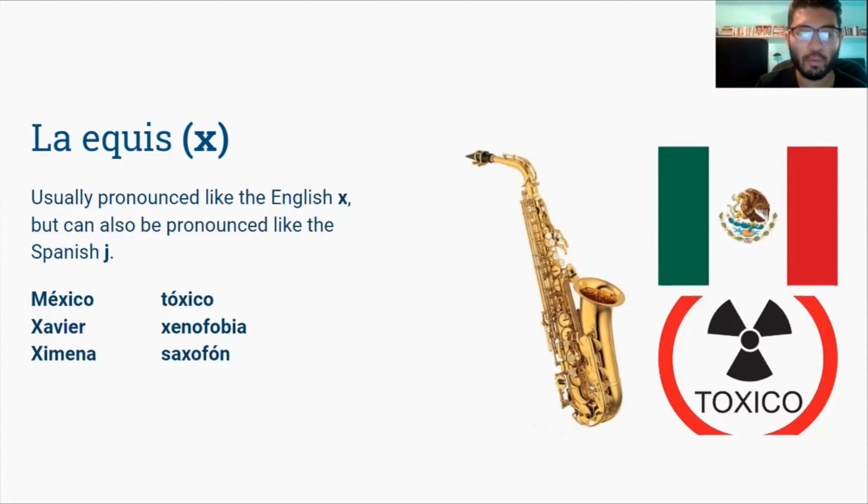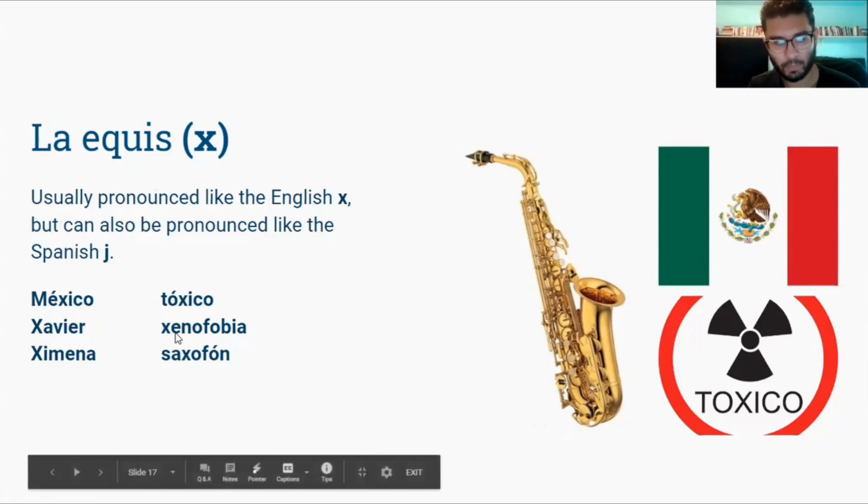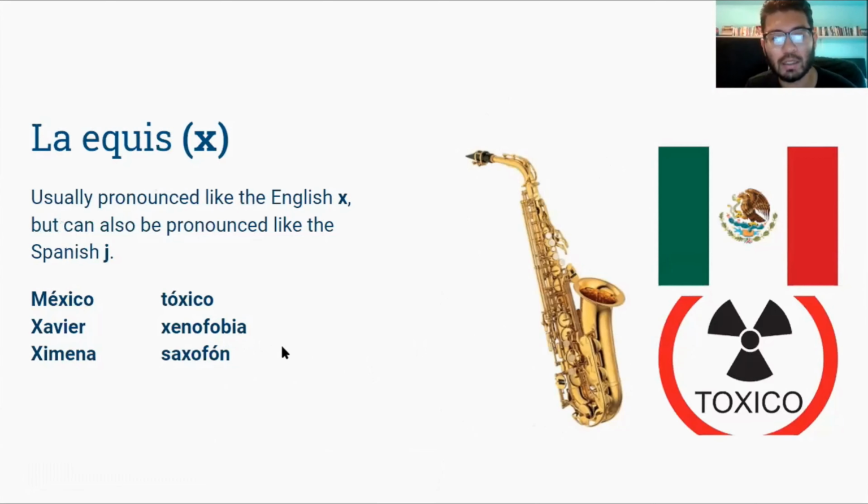Tóxico, xenofobia, saxofón. Saxofón, again, is the instrument that we see here. Xenofobia is the same as the English word xenophobia. Tóxico, same as the English cognate, toxic. And the pronunciation of that letter is very similar here. Tóxico, xenofobia, saxofón.